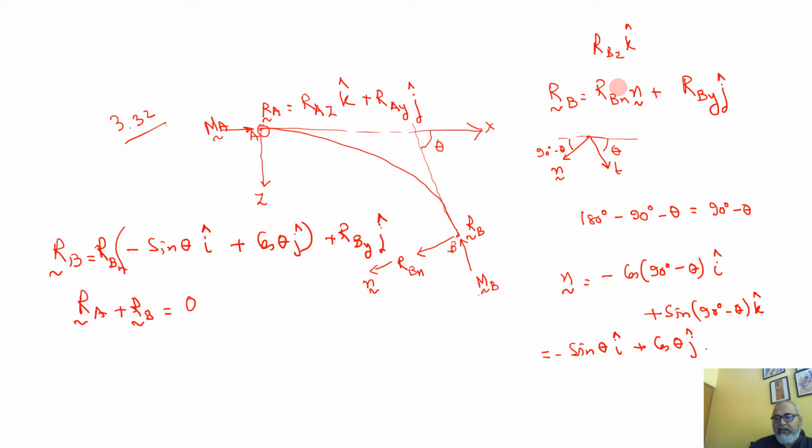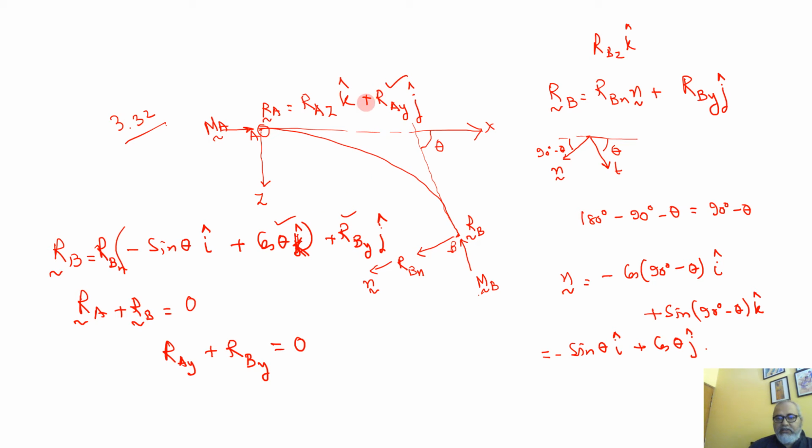So let's take the j components first. So you will have RAY, this is the j component, plus RBY, sorry, this is k, this is k. So RAY plus RBY equal to 0.